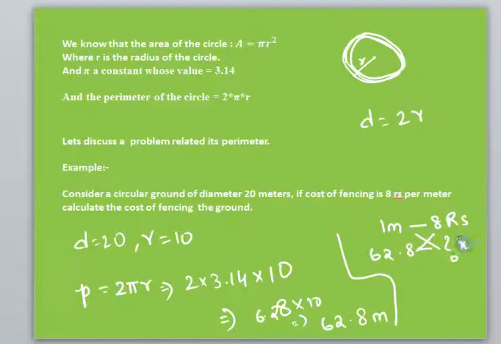If I consider my unknown as x, then x into 1, x is equal to 62.8 into 8, which is equal to 502.4 rupees as the cost for the fencing of this ground.